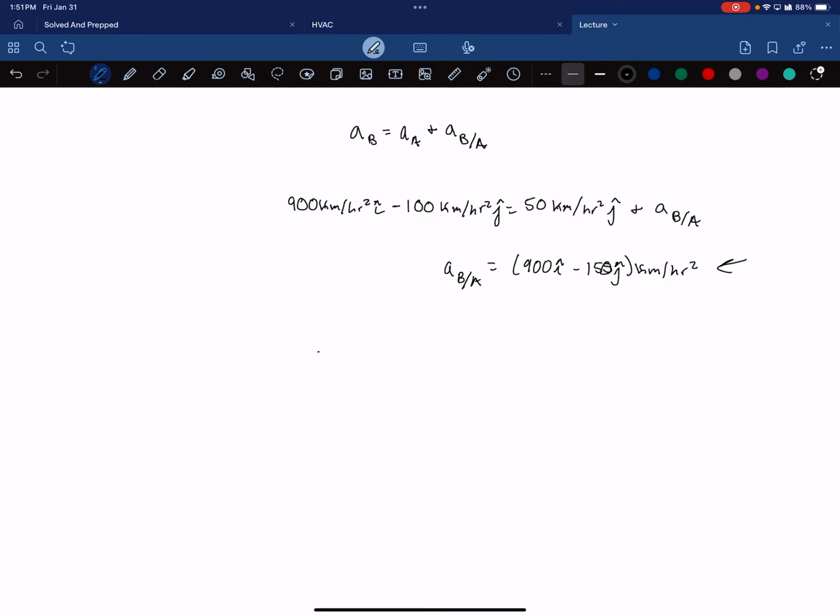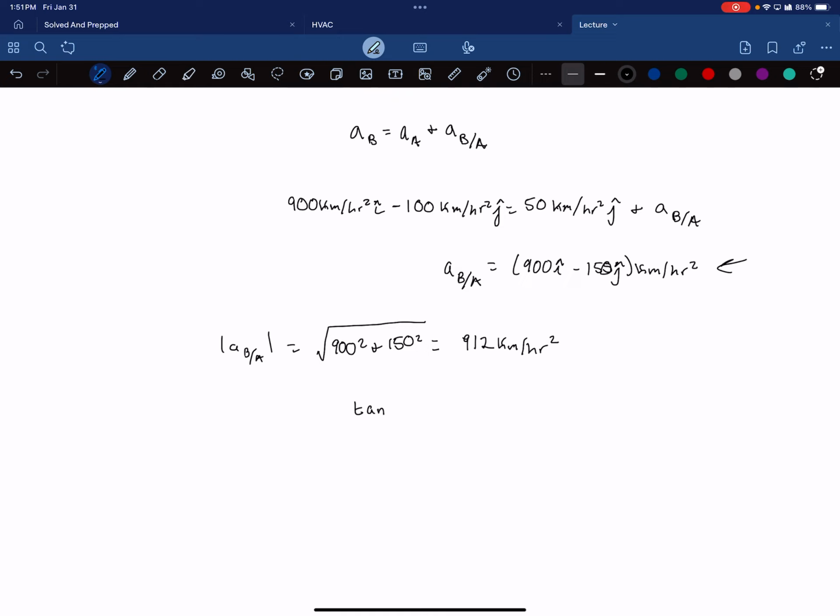To get the magnitude, the square root of the sum of the squares, so 900 squared plus 150 squared, and we get 912 kilometers per hour squared.